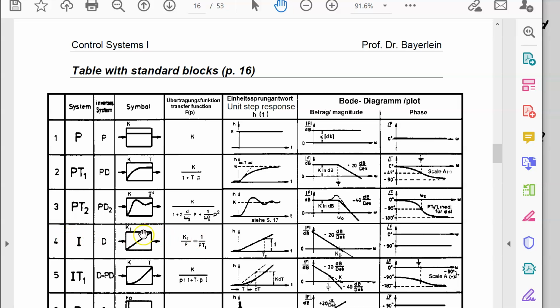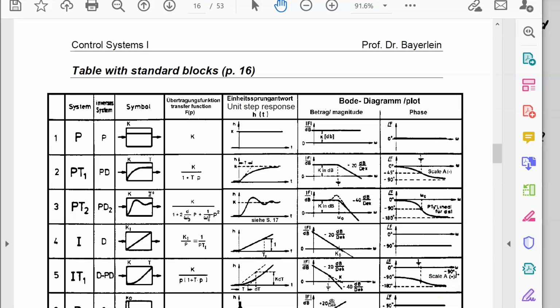Okay, I is discussed. What is it about an IT1? IT1 has the same accuracy as I, but you see the phase of the I is constant minus 90. The IT1 has an additional PT1, so the phase is more negative.